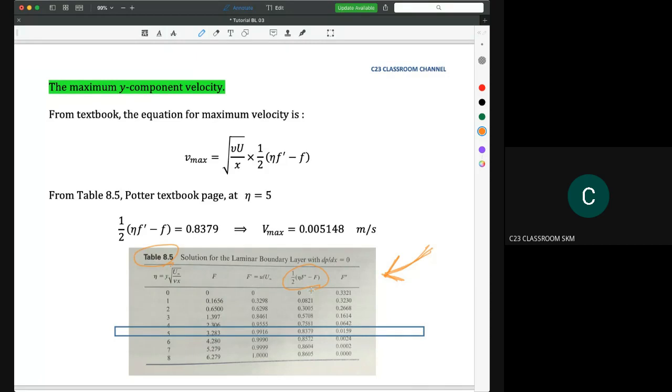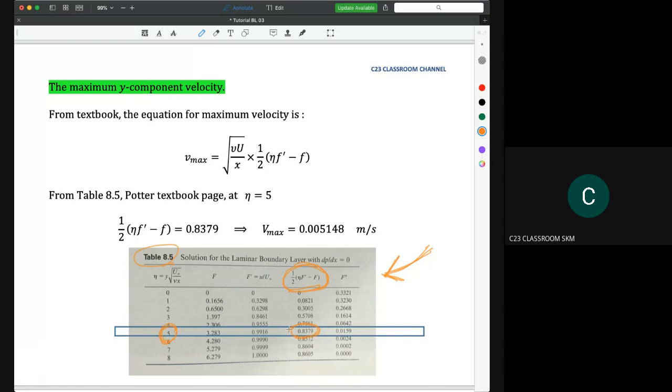According to here, at eta equal to 5, please remember we take eta equal to 5 to determine the delta, 1 over 2 eta f prime minus f is equal to 0.8379.